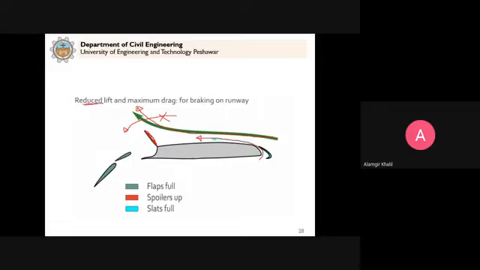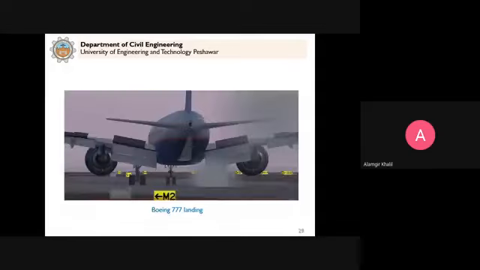Because now we are landing, we don't need to move upward. And the flaps are down, which will increase the maximum drag. So during landing, these flaps are extended down and spoilers are moved up. It will result in reduced lift and maximum drag. And this is what we observe during landing.